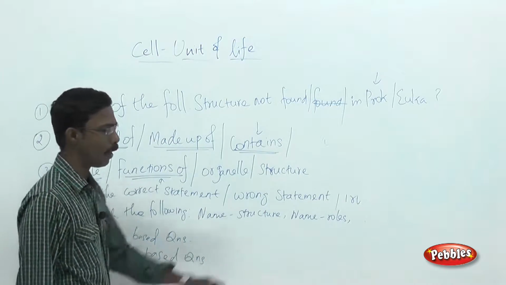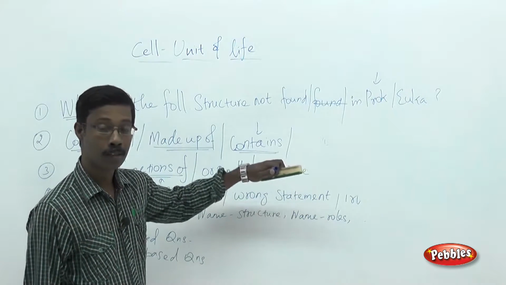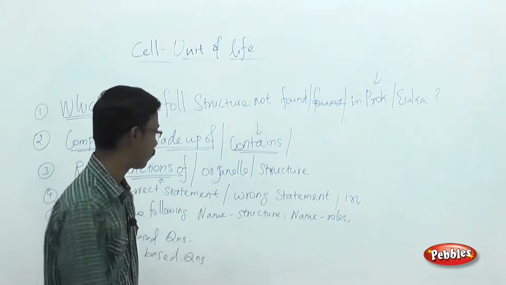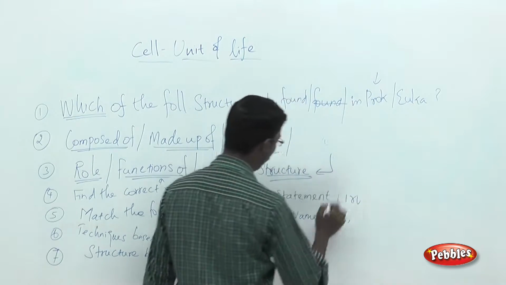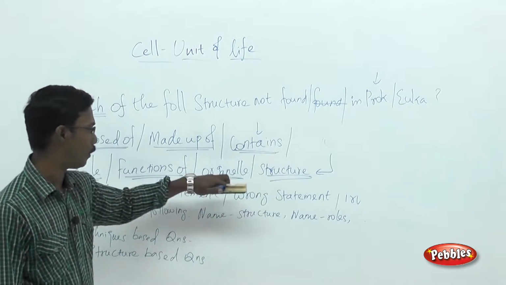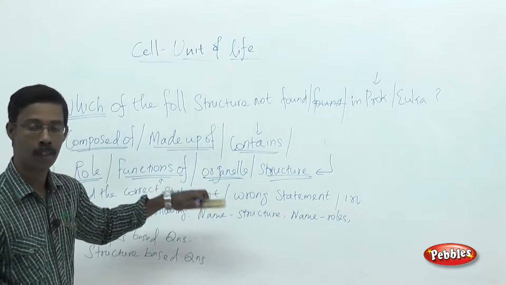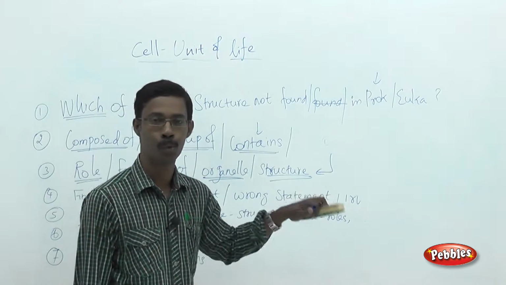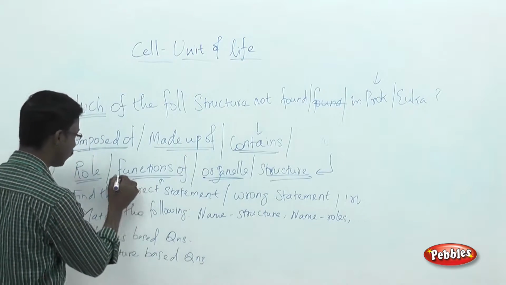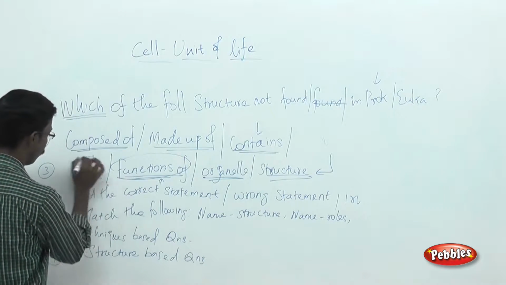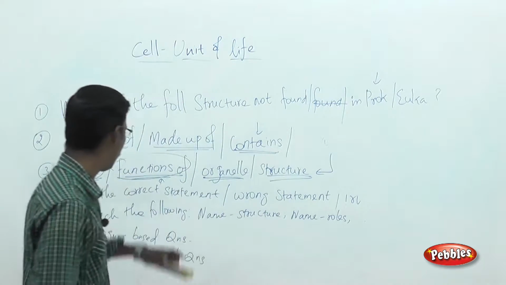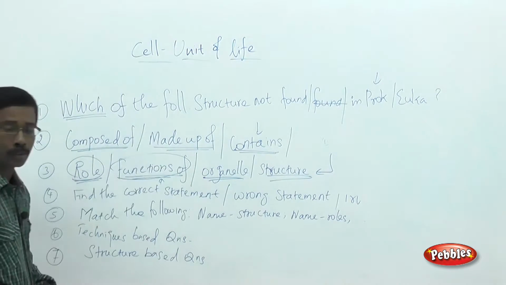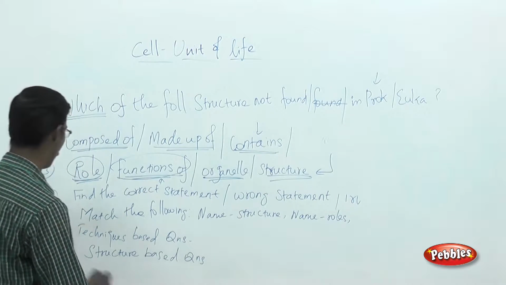Okay, so you can expect so many questions from the function based questions. Okay, so what you have to study over here, for each and every structure, for each and every organelle, for each and every cell type, for each and every component, you should study the functions and roles played by the particular structure or organelles. And this is the most common question you can expect from the particular unit.